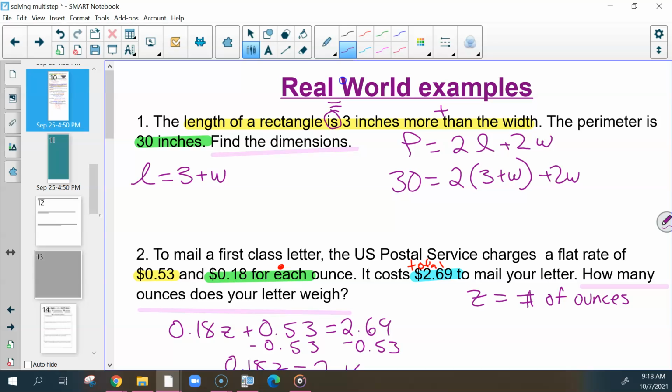We don't know anything about W, we just know we're going to multiply that by 2. We know that we're multiplying our length by 2, and we know this is L, which is why that's in parentheses. Once we have that set up, we can solve it. So distribute to get 6 plus 2W. You have like terms you can combine, so combine them.